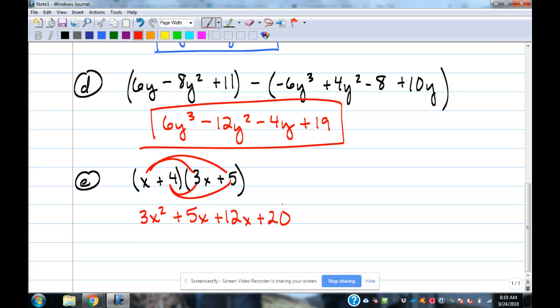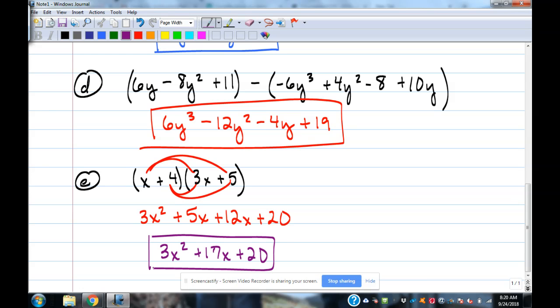Put the like terms together in the middle. 3x squared plus 17x plus 20. And that's where you're finished. You're not breaking that back apart because if you do it right, you'll end up back at the original problem. You're multiplying those out together. So that's where we've been.